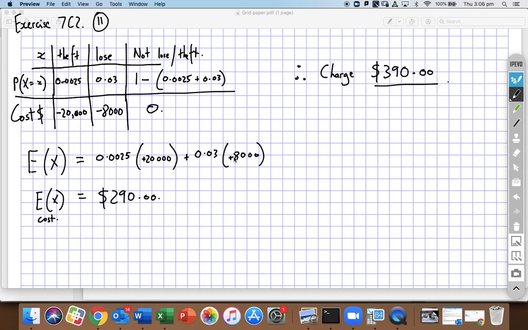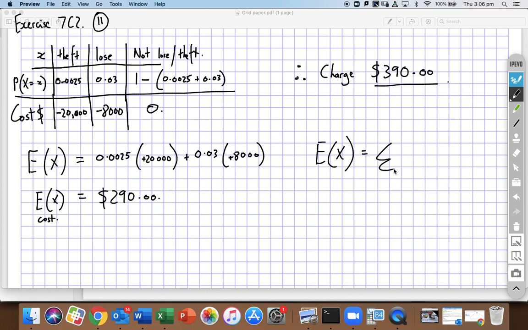Although if I was doing it, I would probably put these in as negatives, and then I think it fits into this formula for expected value quite nicely. So remember what that is.